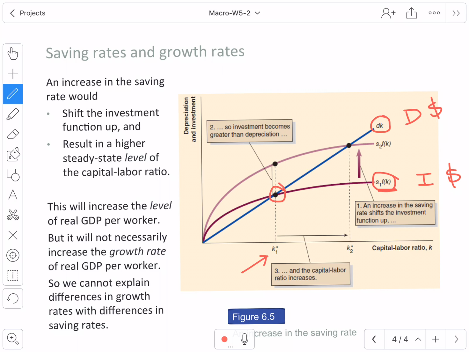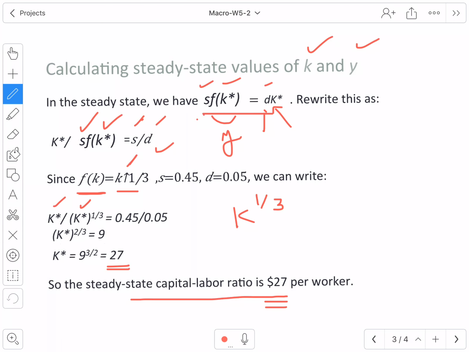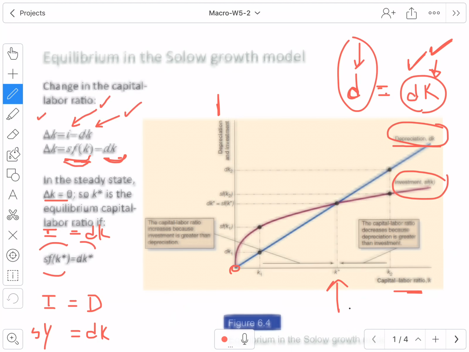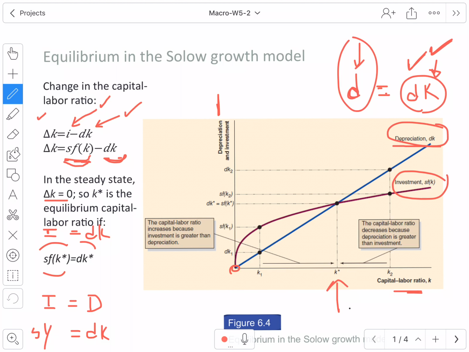One of the things that we want to change is the impact of the saving rate on the steady state. To answer these types of questions, you have to be aware of which variables are going to affect the slope and which are going to affect the intercept. As you can see here, the savings is just s f of k.